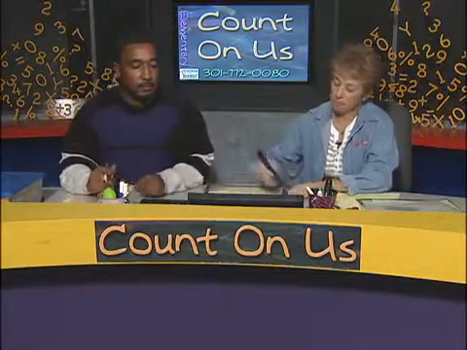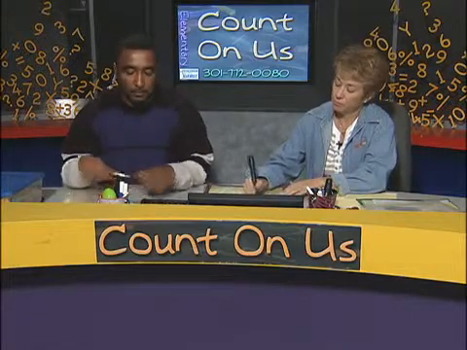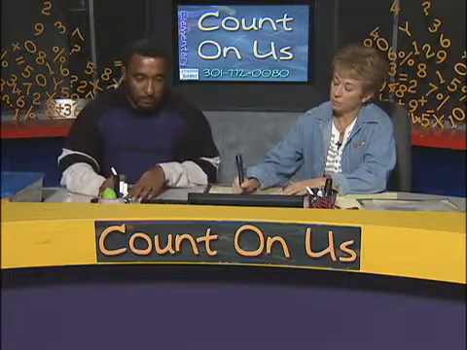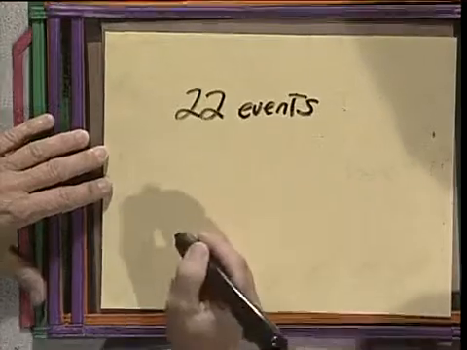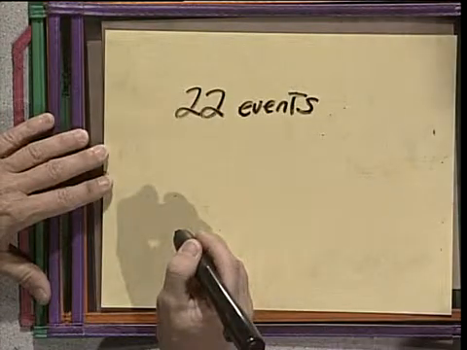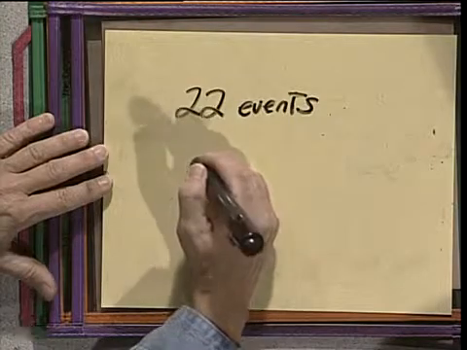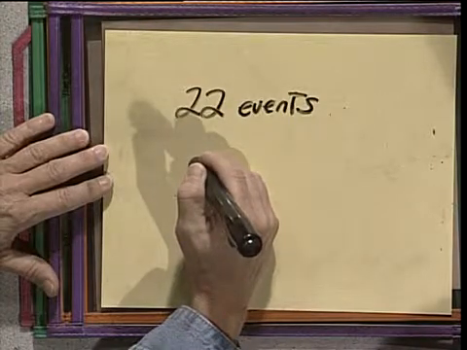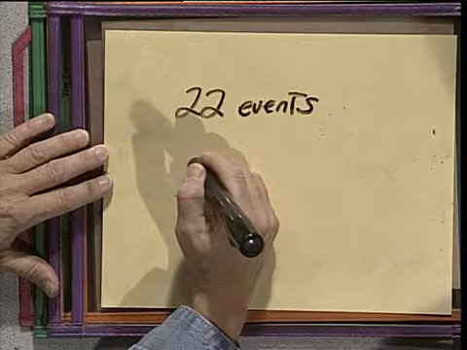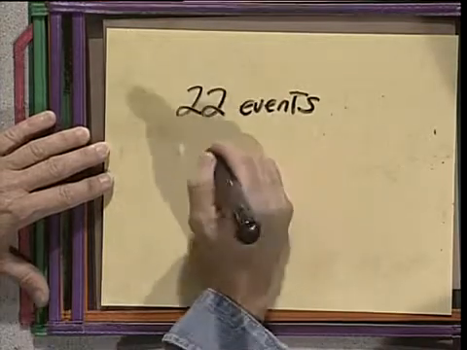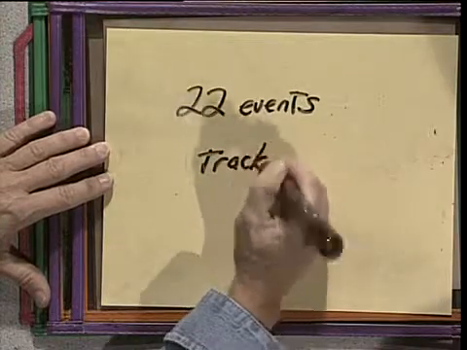It says there are 22 events at an outdoor track and field meet. The ratio of track events to field events is 8:3. How many events of the track events are there? Oh, okay. So there are track events and field events.